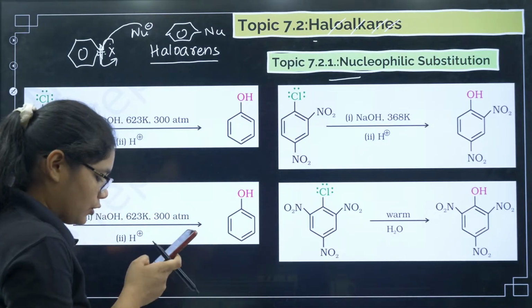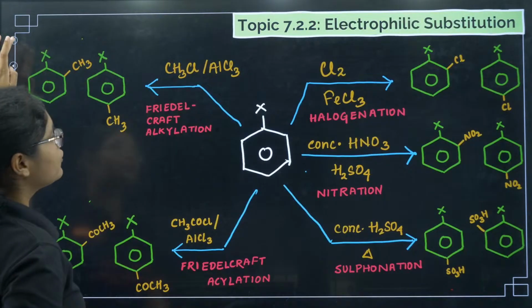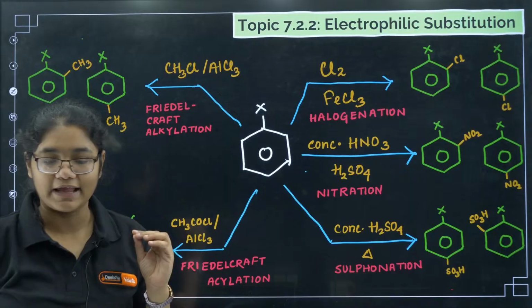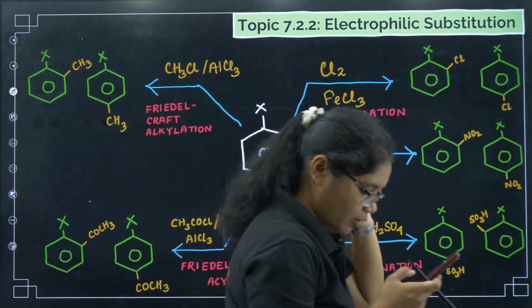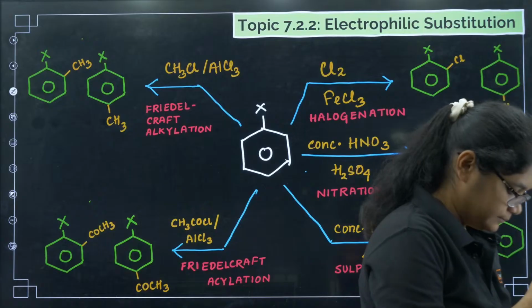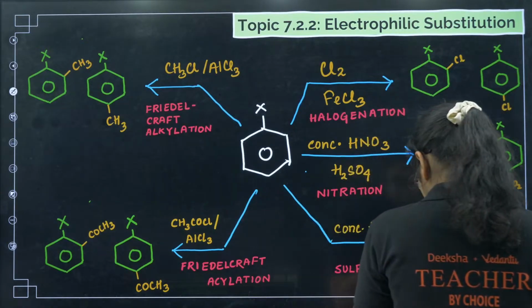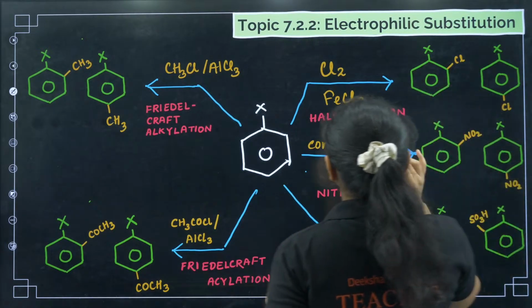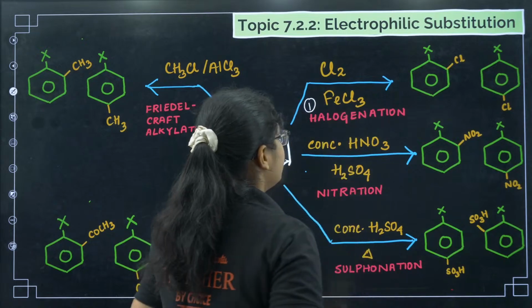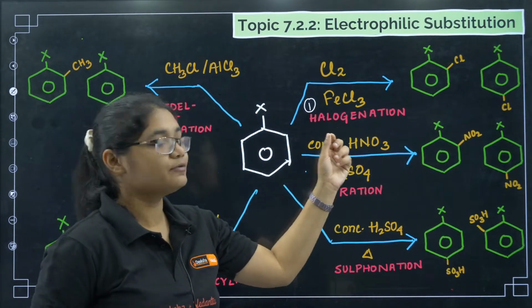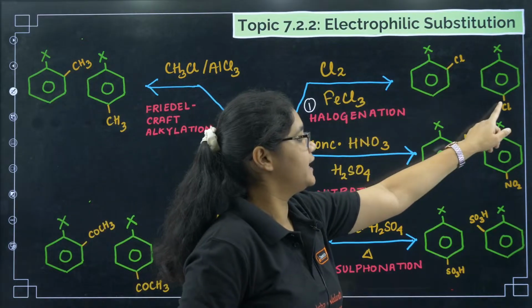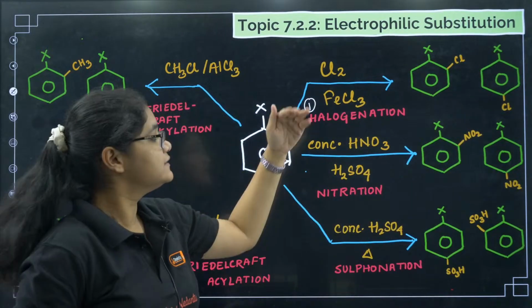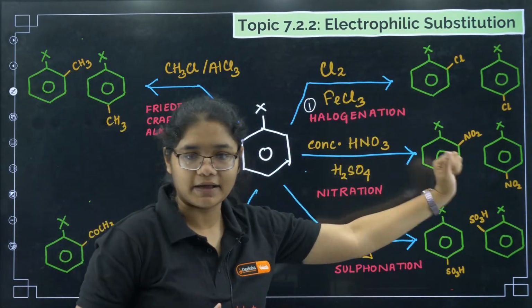Okay, so now coming to electrophilic substitution reactions. You can see on the screen what electrophilic substitution reactions there are. First one is halogenation. In halogenation, you have to add Cl2 and FeCl3, and Cl gets added at ortho and para positions.